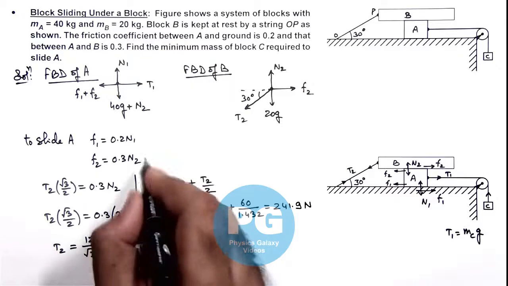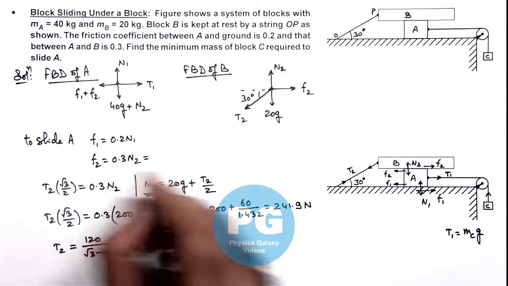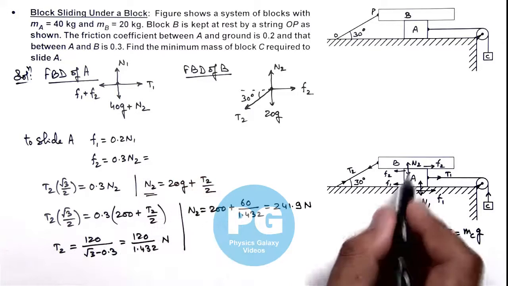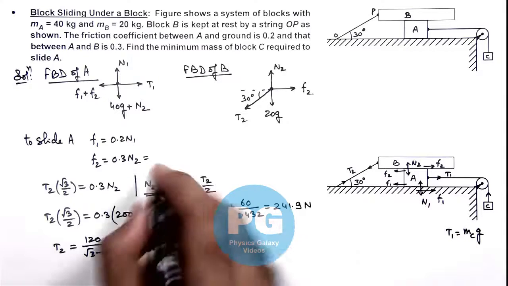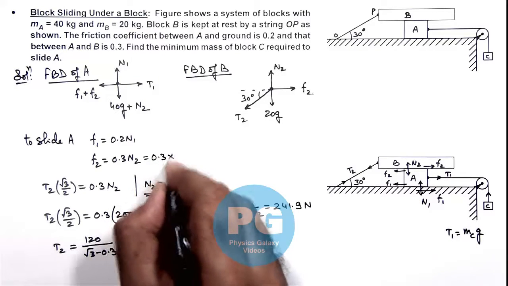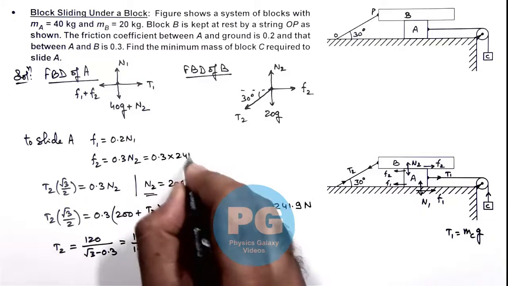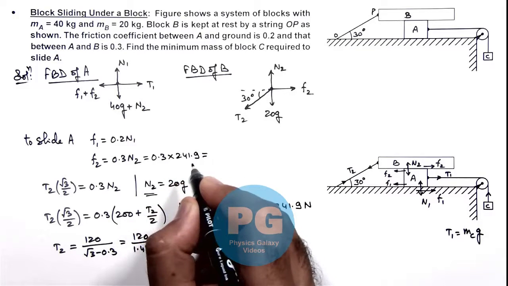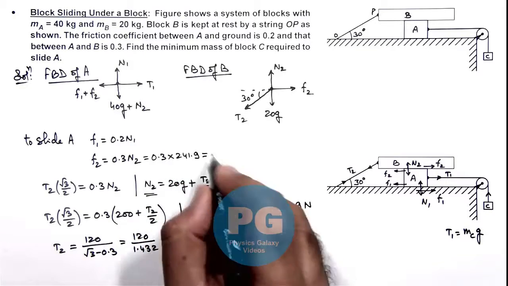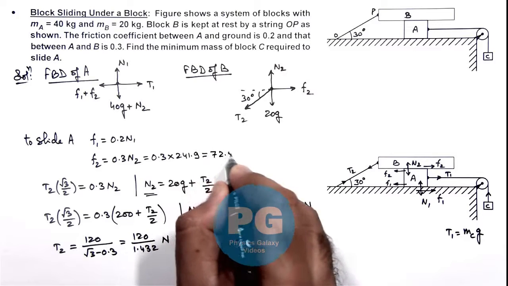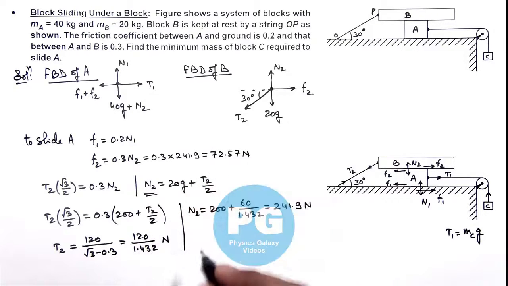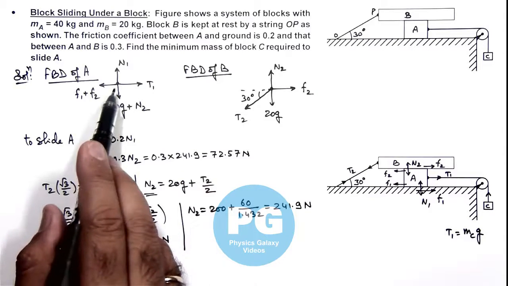If we substitute here, this will give us the value of friction at the surface between A and B. This is 0.3 multiplied by 241.9. On simplifying, you'll be getting this value as 72.57 Newton.